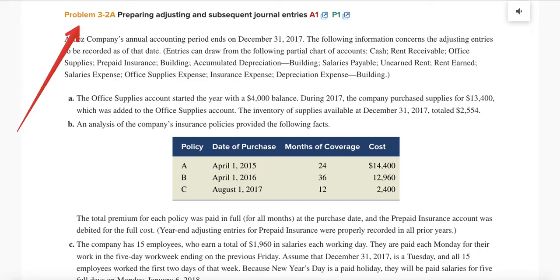So instead, I'm going to use this particular problem, which you can follow along with on page 150 in your textbook, problem 3-2A, on preparing, adjusting, and subsequent journal entries. Okay, and the area we were having trouble with was part B, which was an analysis of the company's insurance policies. Now, what you see here is that this company has 3 different insurance policies.